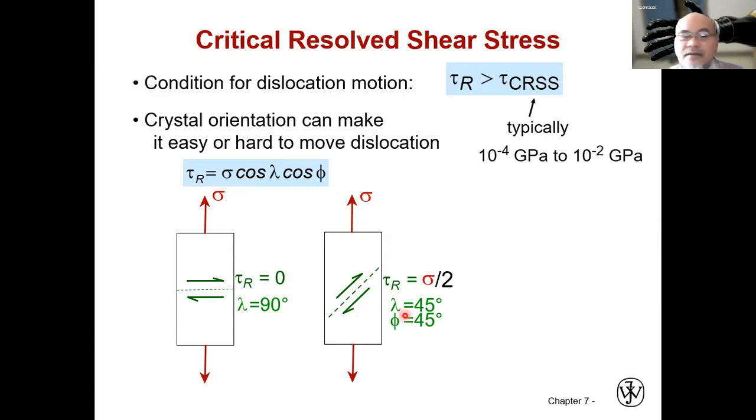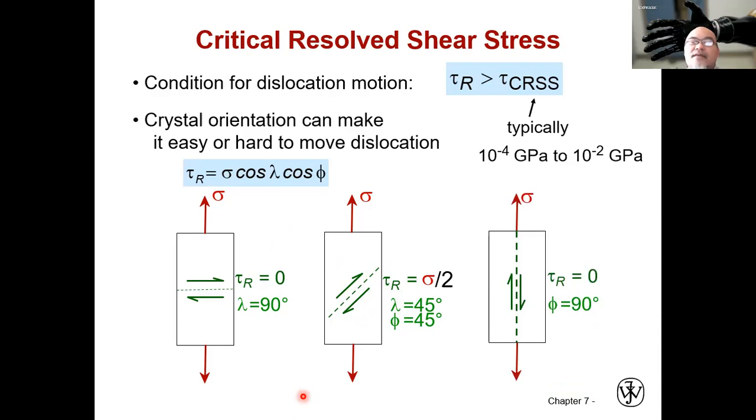In that case, lambda will be 45 degrees, and phi is also 45 degrees. Cosine 45 degrees is half times square root of 2. If this is squared, we will have 1 over 2, so tau R will equal sigma divided by 2.